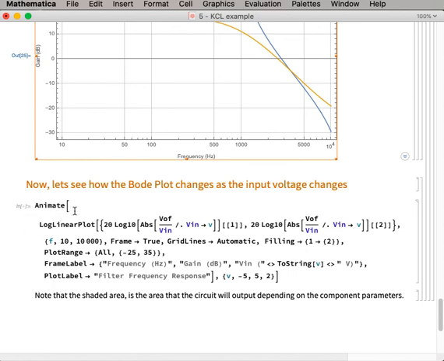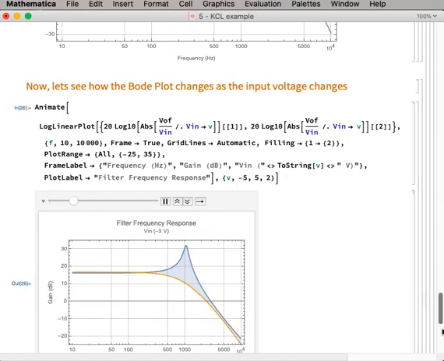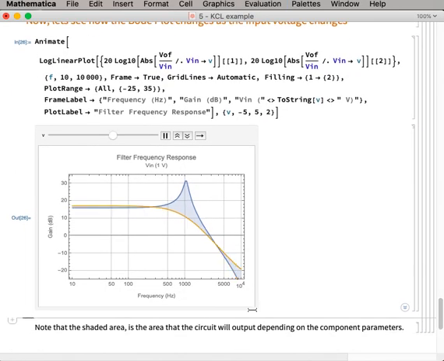Again, we can use this Animate function. We're going to go from a voltage of minus 5 input to plus 5 input every 2 volts, and create an animation which shows us what the variations are. And we can slow this down. And again, I've shaded the areas in so you can see exactly where the variations are going to be.